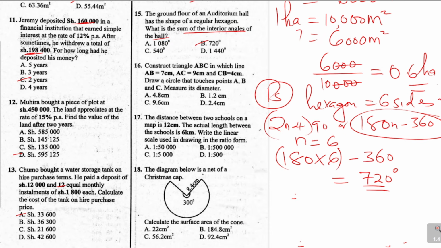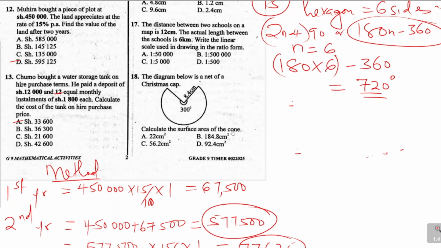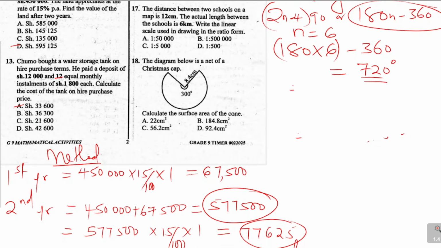The next question, question 17. The distance between two schools on a map is 12 centimeters. The actual length between the schools is 6 kilometers. Write a linear scale used in drawing in the ratio form.